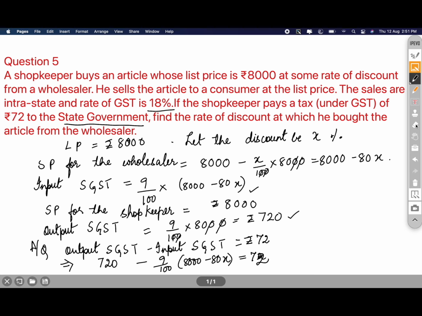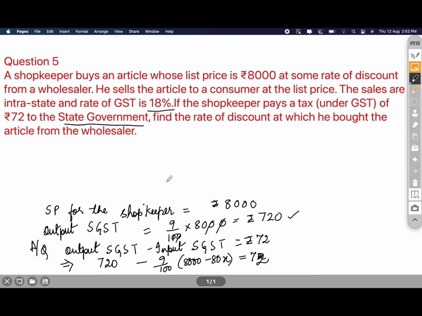Before that, let me clean the upper part of the screen. So here now we have 9% of 8000 minus 80x equals 720 minus 72.